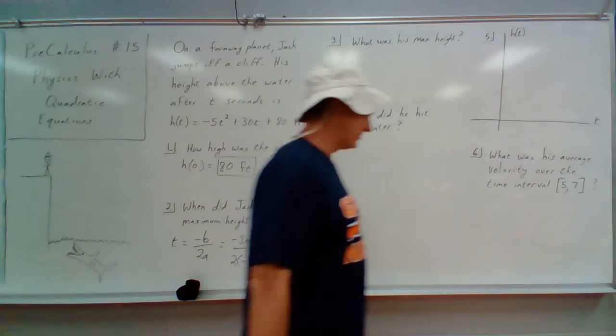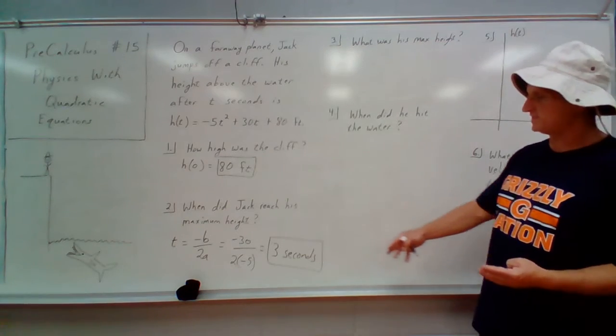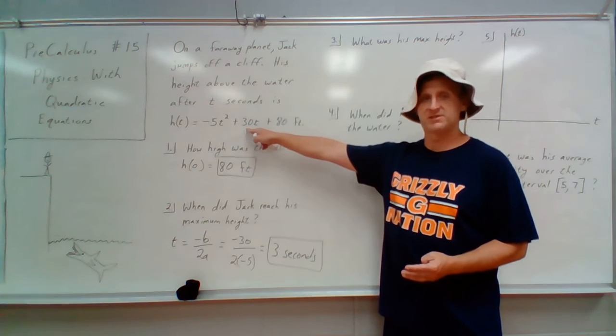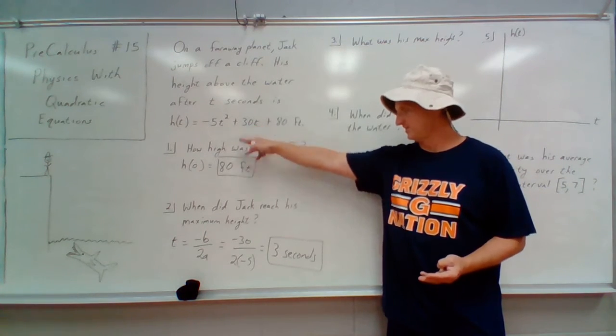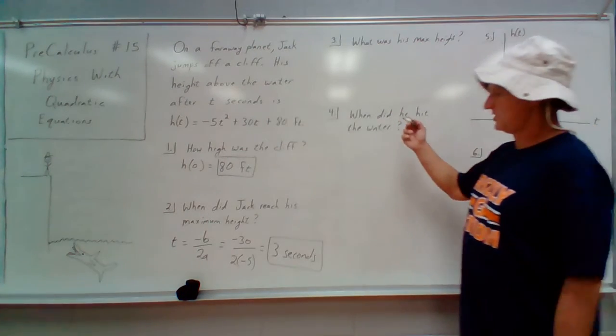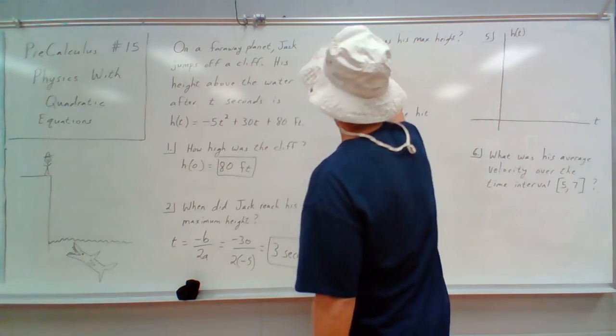What was his maximum height? Well, if he reaches his maximum height at 3 seconds, and we plug 3 in for t into this function, the function will spit out his height at 3 seconds. So that'll tell us his maximum height. So we are wanting h of 3.